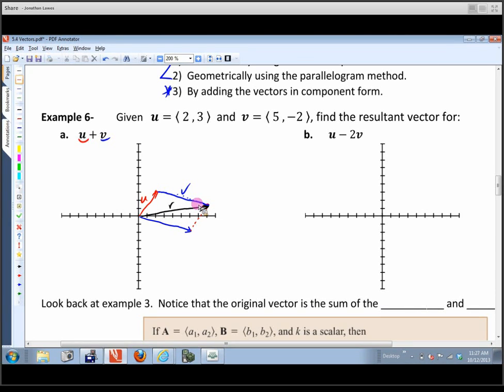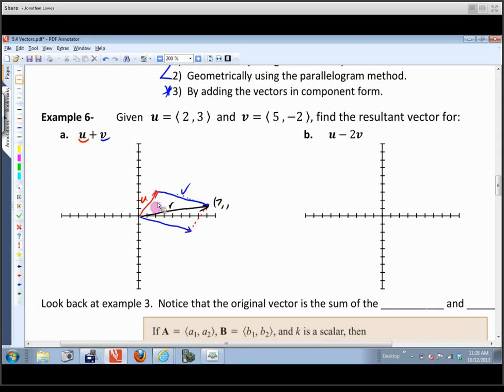So let's figure out where we are there. Well, notice that this vector r starts at 0, 0. So it's already a position vector, and it ends right here. Well, let's see. We went over 2 for this one, and then we went over 5 more. Okay, so that puts us at 7. So this point here is 7, comma, and then we were up at 3, okay?